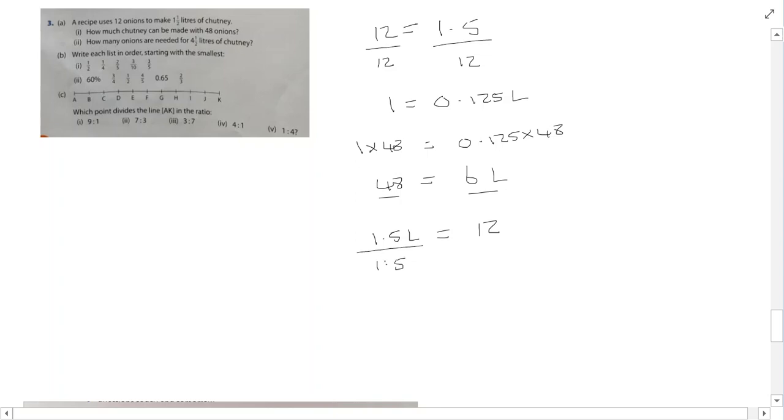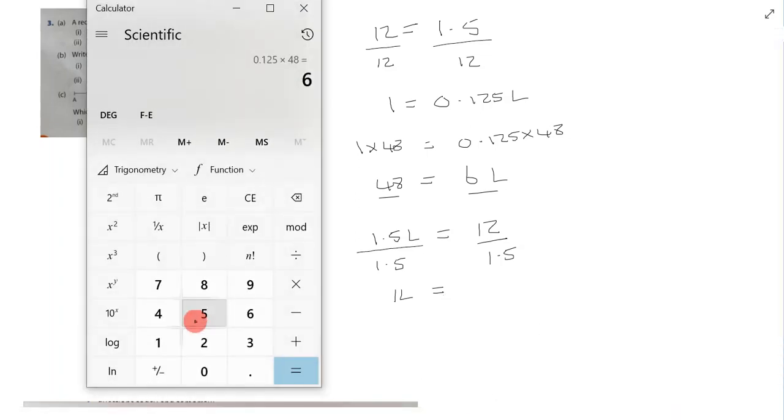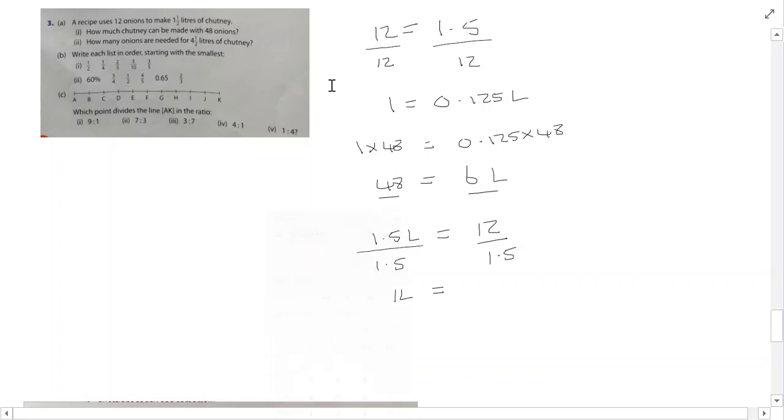If you divide this side by 1.5, you have to divide this side by 1.5. So 1.5 into 1.5 will be 1, and 1 litre will give us 12 divided by 1.5, which is equal to 8.